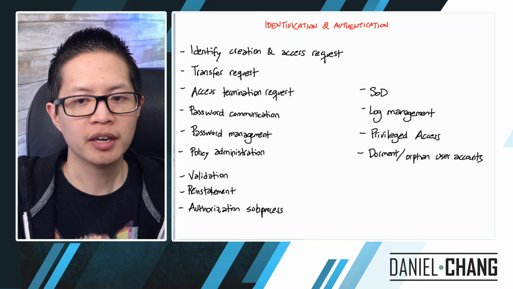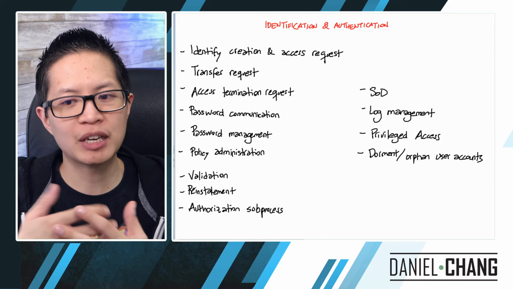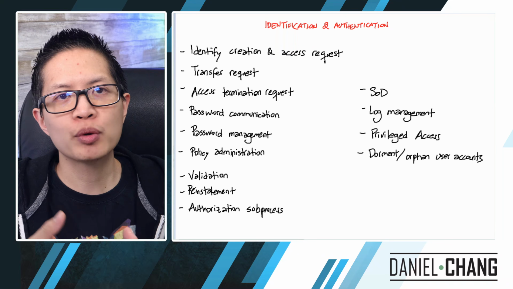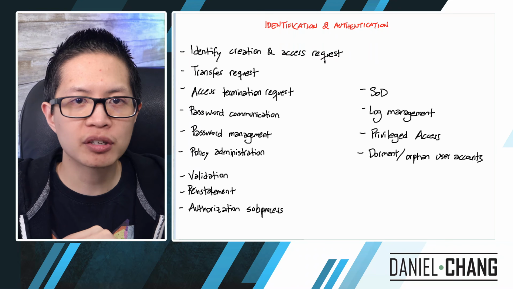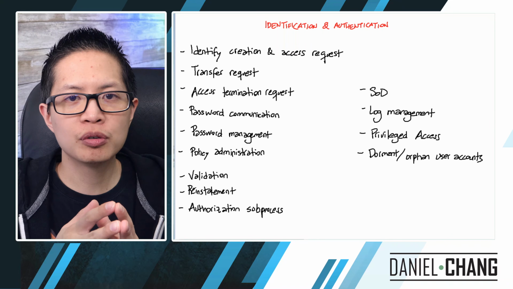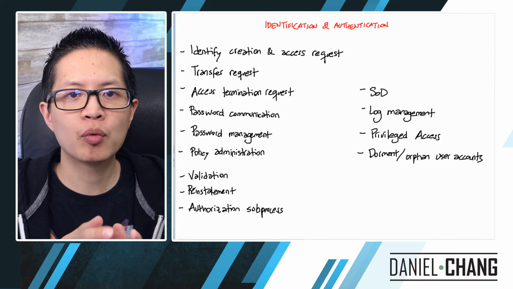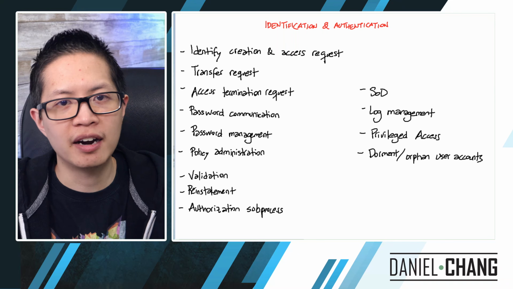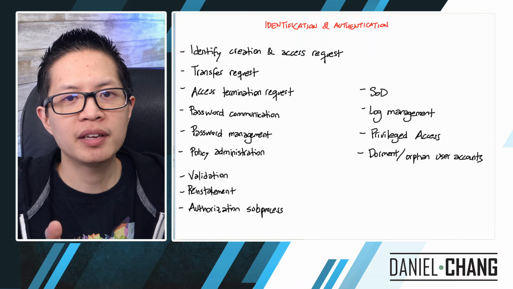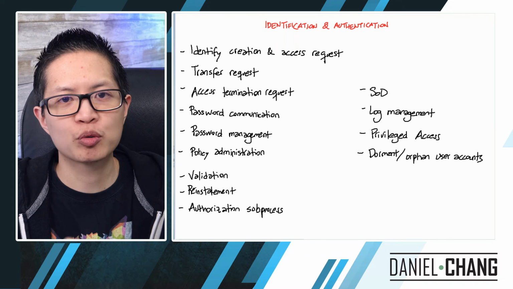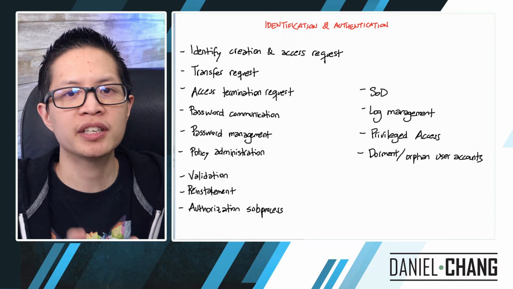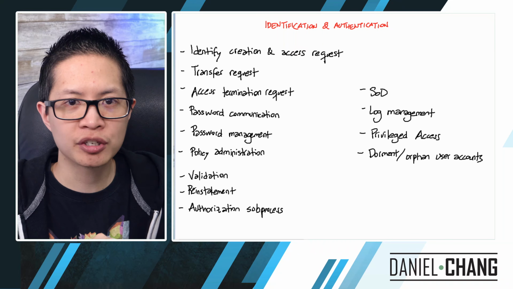which leads to the next one, which is password management, which in other words we can also say password configurations, which is how the systems are configured to be in alignment with what the company's password policies are. So it could be as essential as saying, hey, the company needs a 10 characters minimum password policy on all their systems, so making sure that all their systems are in that configuration.